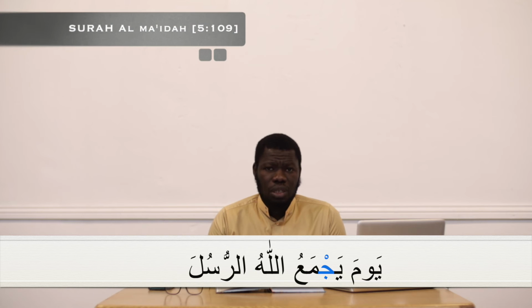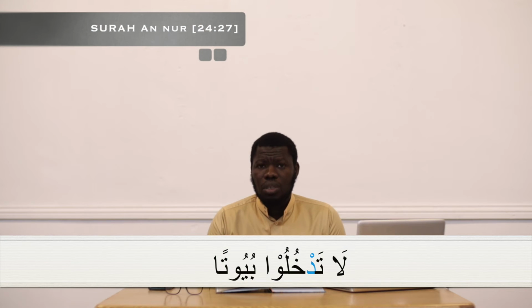So this is in the middle. And for the dal, for example, you have la tadkhulu. It's important to let the tongue bounce when these letters are pronounced. So this will be the lowest level of qalqala, and this is al-qalqala as-sughra.